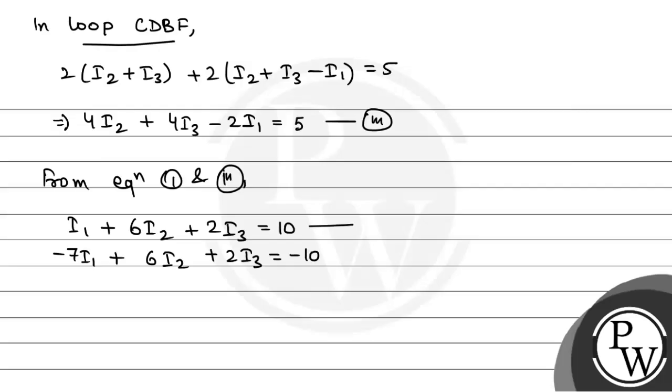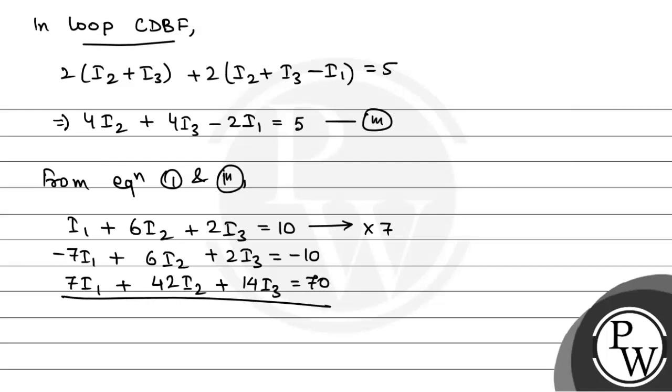So if we multiply the first by 7, then we will have 7I1 plus 42I2 plus 14I3 that is equal to 70. So if we add these two equations, we will have 48I2 plus 16I3 that is equal to 60, or we will have 12I2 plus 4I3 that is equal to 15. Let us call this equation 4.